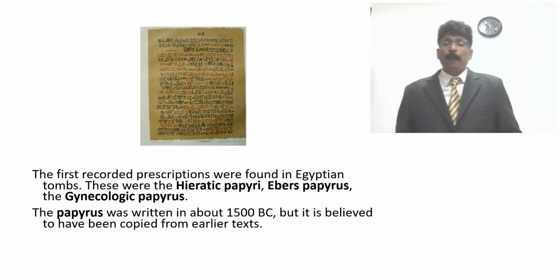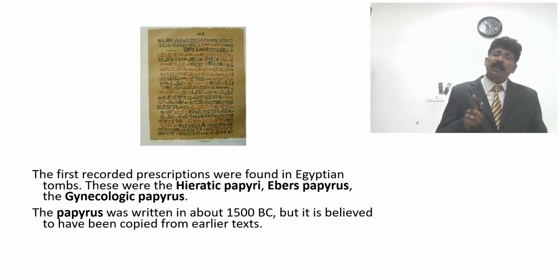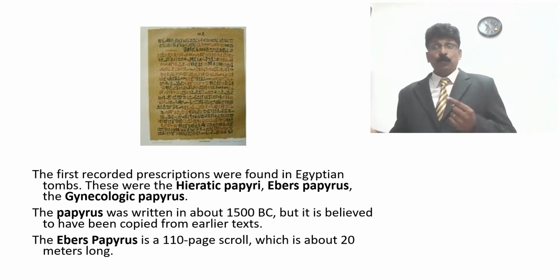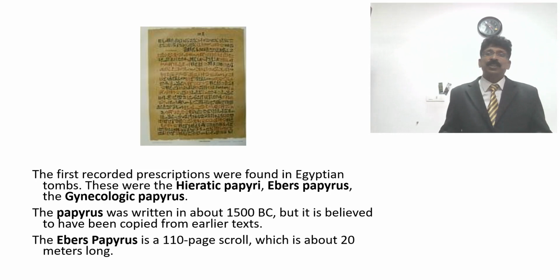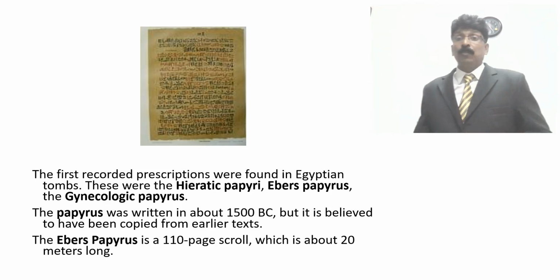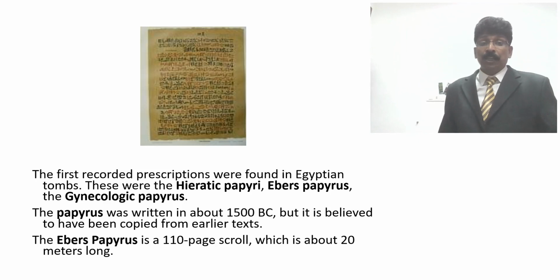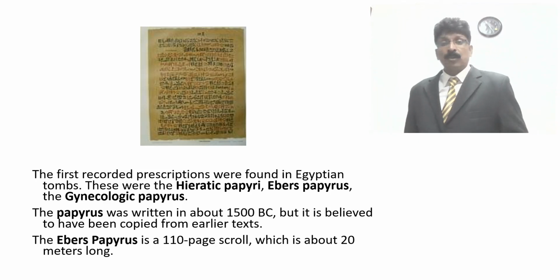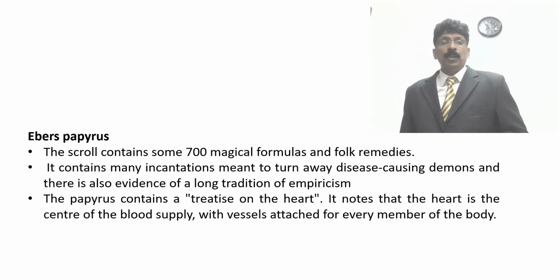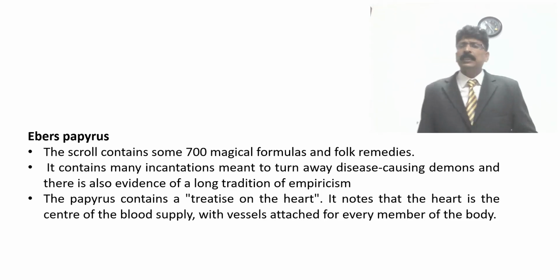The papyrus was written in 1500 BC, before Christ, but it is believed to be a copy of an earlier text. So that much was more advanced 3000 years back. It is a roll of more than 110 pages and 20 meters long. That is why I take this prescription as the number one prescription.